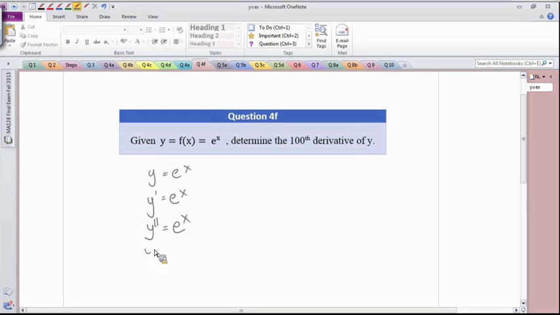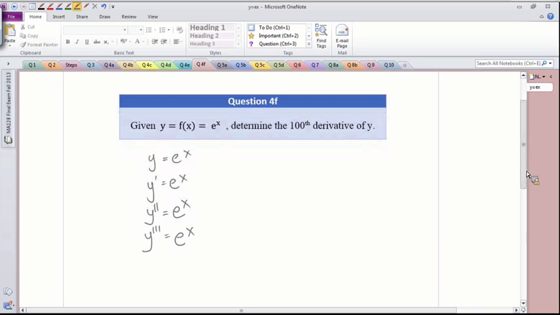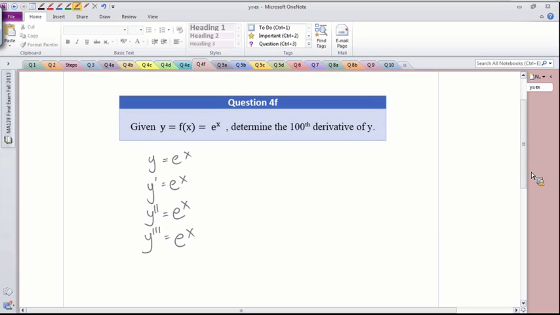If we do the triple derivative, we'll get e to the x. You sort of see a pattern going on, right? It doesn't change. So it doesn't matter if we find the 100th derivative or the 1000th derivative, the 100th derivative of y would equal e to the x. So that's our final answer.